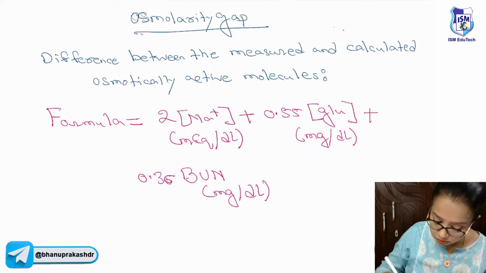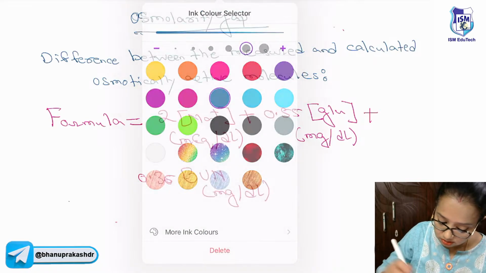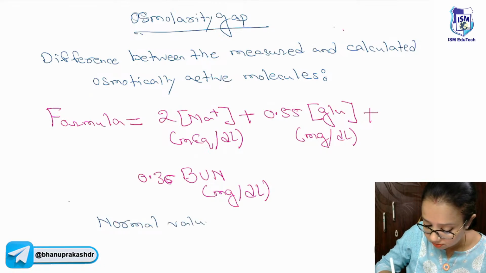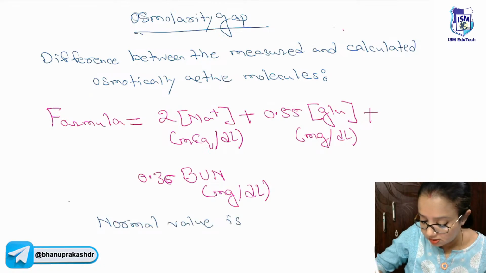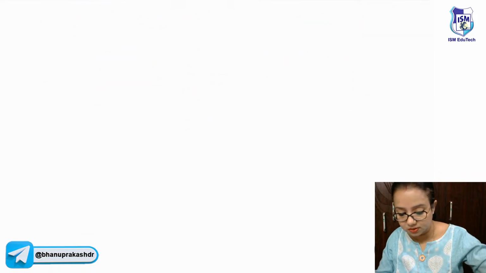And what we have also studied, the normal value for this is less than 10 milliosmol per kg, right? Okay.